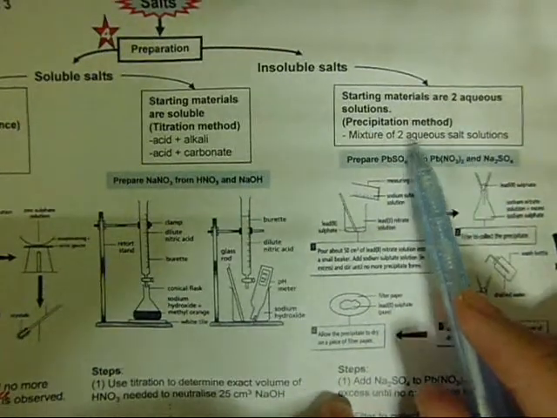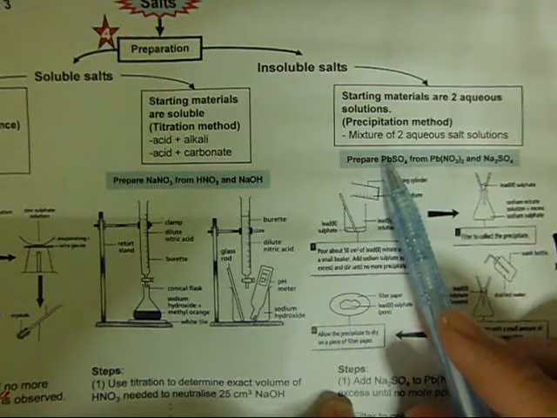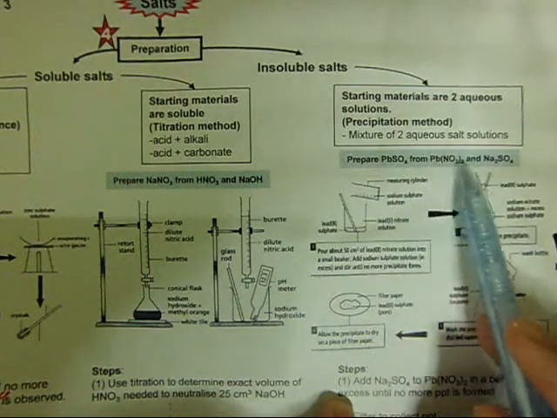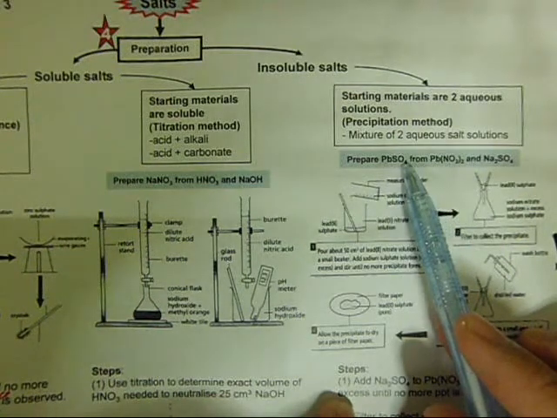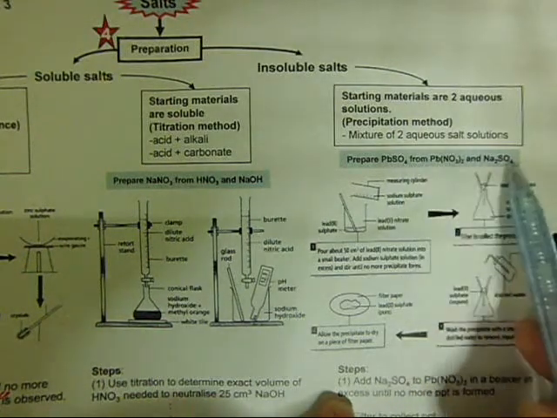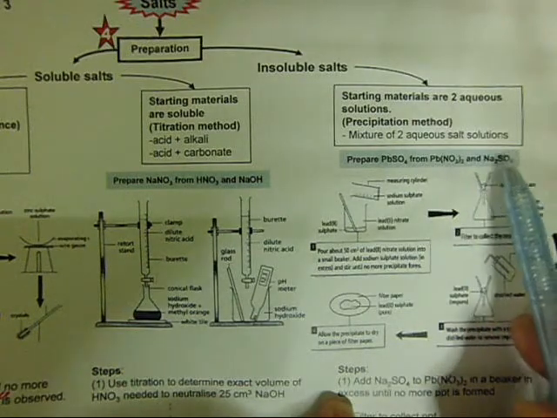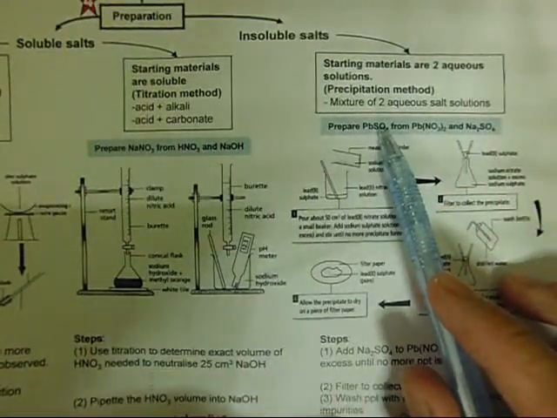The first salt solution would be lead-2 something, so lead-2 nitrate, because lead-2 nitrate is soluble. The second solution would be something sulfate, and it must be soluble, so sodium sulfate.